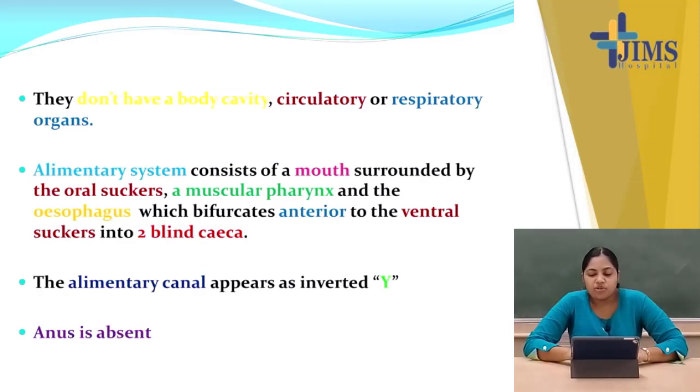It doesn't have a body cavity, but still it has a circulatory system and respiratory organs, and an alimentary system which consists of a mouth where the oral sucker is present, a musculopharynx and the esophagus, where the intake goes into the gut, and anteriorly the ventral sucker is situated.